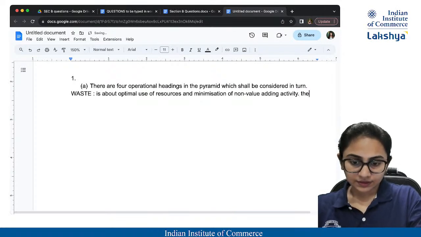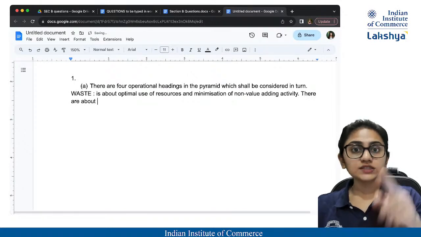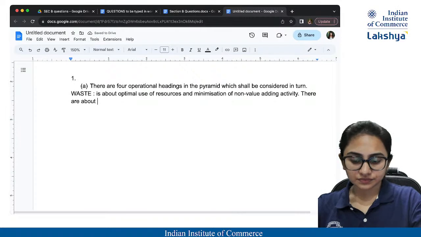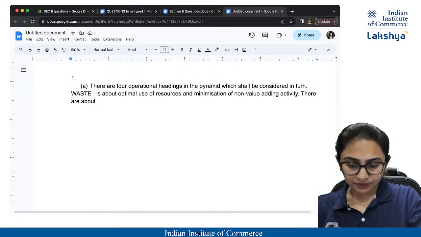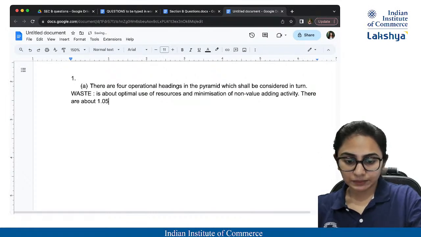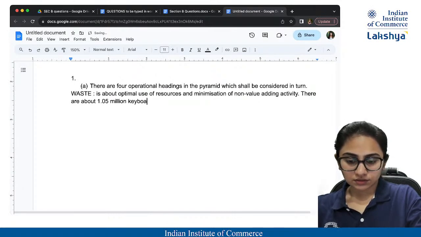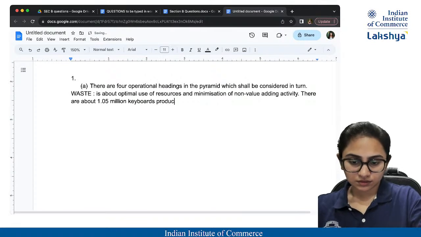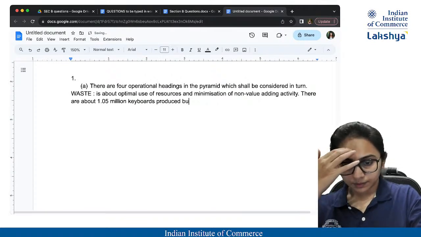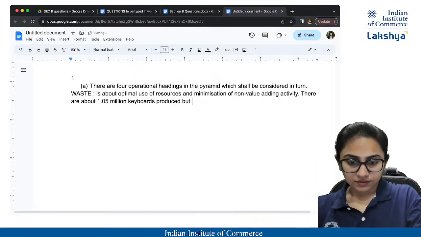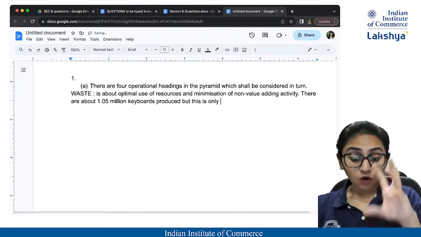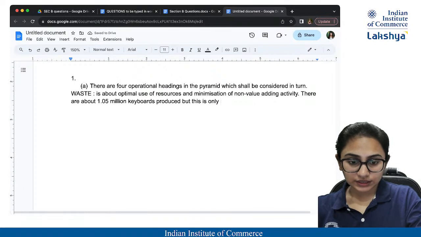Okay, if you read the question carefully, you can find this question in your exam questions. So there are about 1.05 million keyboards produced, but how much percent of utilization is this?